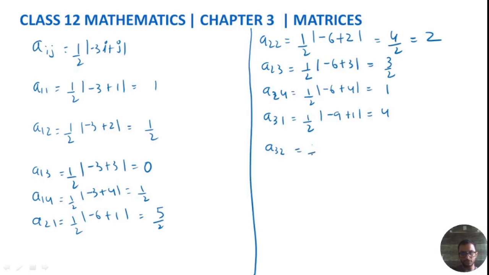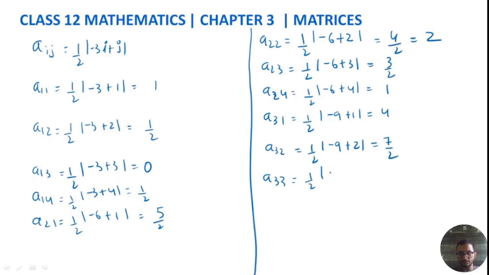A32 will be 1 by 2 modulus of minus 9 plus 2. So it will be 7 by 2, right? 9 minus 2 is 7 and modulus of that will be this. If you find any mistake, please tell me, okay? But the method is this.